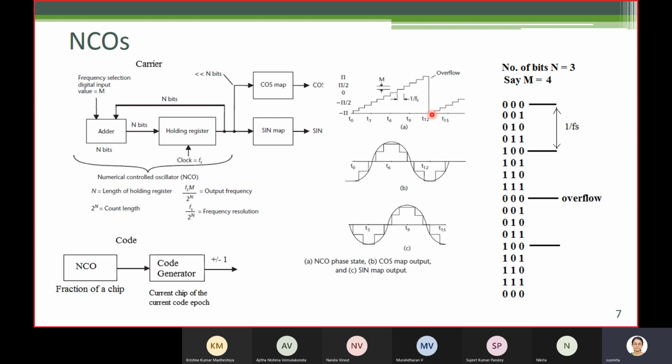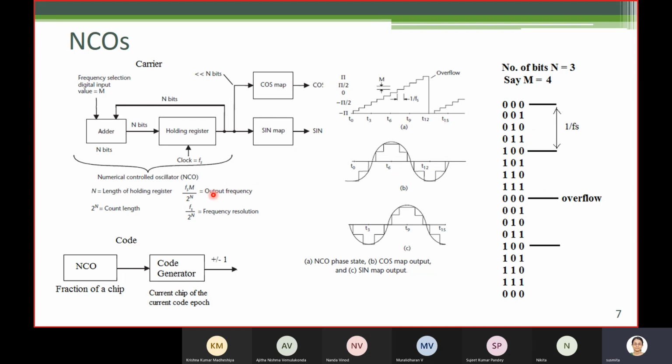That means the duration of a cycle is 2 by Fs. If the duration of a cycle is 2 by Fs, frequency will be the inverse of that, Fs by 2. Basically, it will create a cycle whose frequency is Fs by 2.